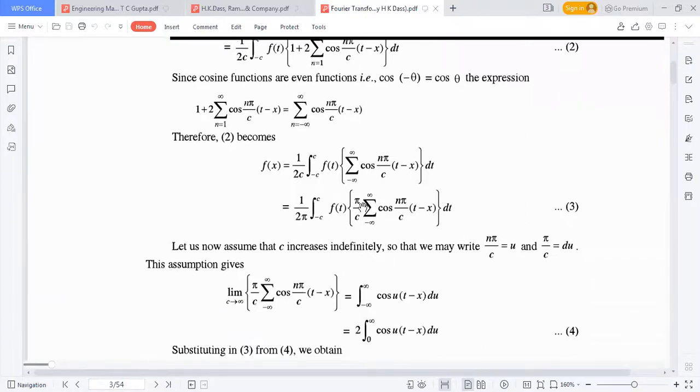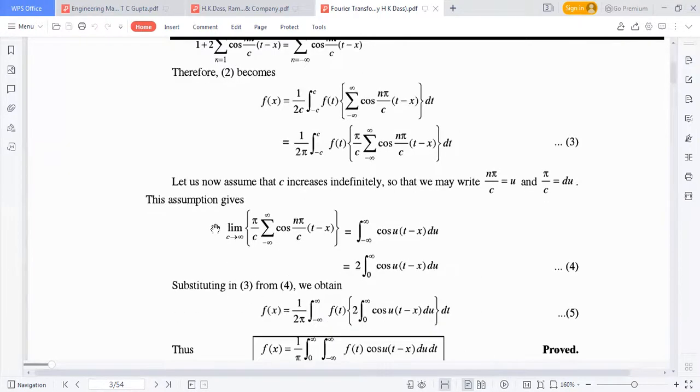Now this summation can be written as pi by c, introducing another pi in the denominator, and pi will be cancelled, so we get the previous term. So let us assume that c increases indefinitely, so that we may get n pi by c equals u and pi by c equals what? du.